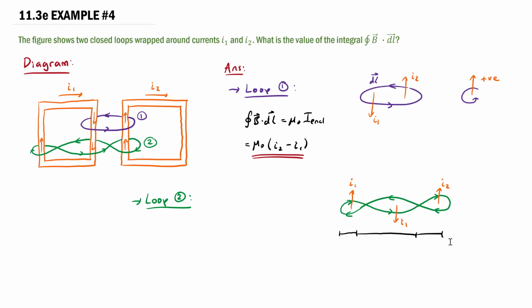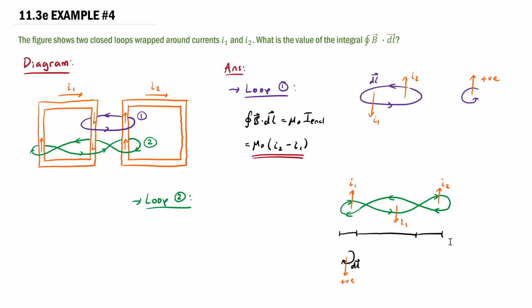I have dl going like this, which means, using the right-hand thumb rule, in order for dl to rotate clockwise, my thumb has to be pointing down. So down is going to be positive.